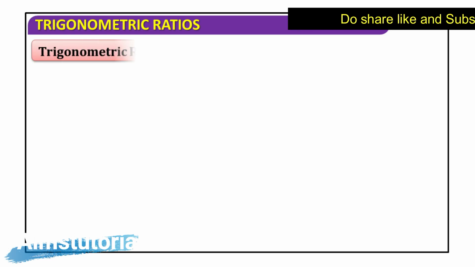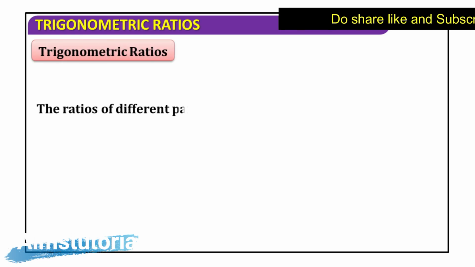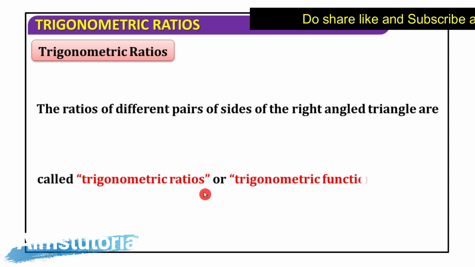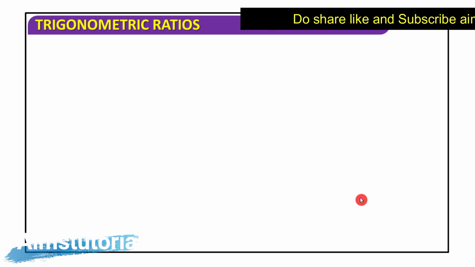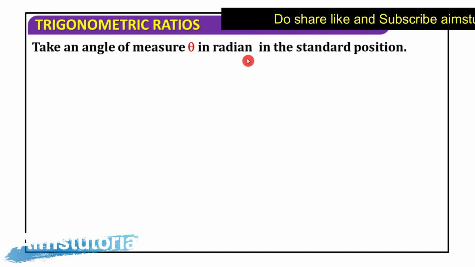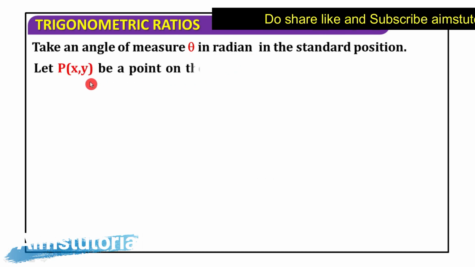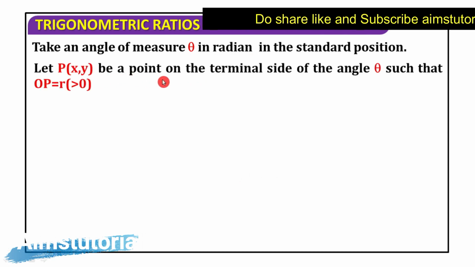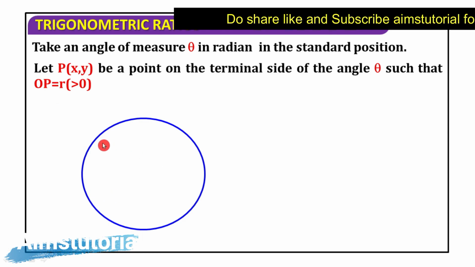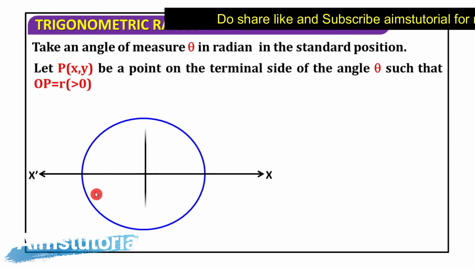Trigonometric ratios. The ratios of different pairs of sides of a right angle triangle are called trigonometric ratios or trigonometric functions. Take an angle of measure theta in radian in the standard position. Let P (x, y) be a point on the terminal side of the angle theta such that OP equals R. For example, this is our circle, x-axis, y-axis.